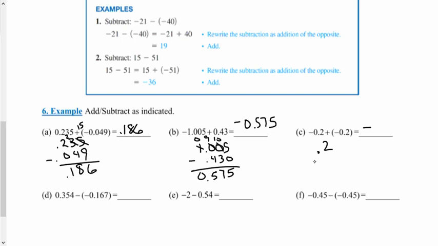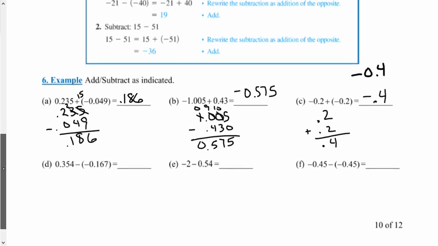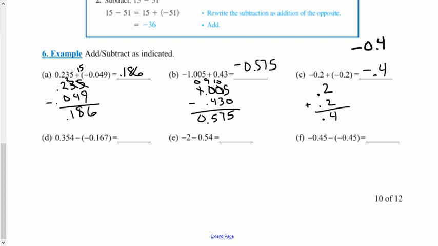So I'll just take 0.2 plus 0.2, and that will make 0.4. It'll be negative 0.4. Like I said, some people would much prefer to write it negative 0.4. I don't always put my zeros on there. A lot of people really like that.